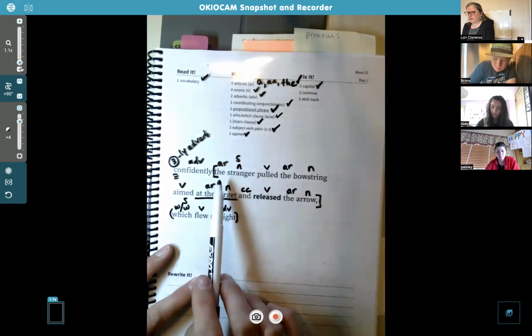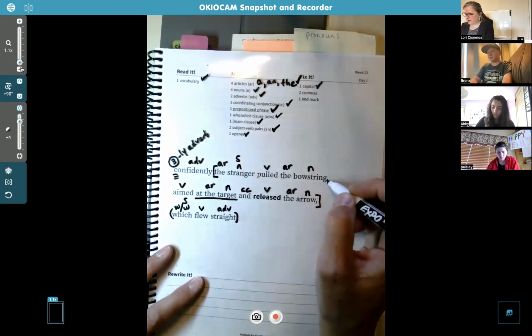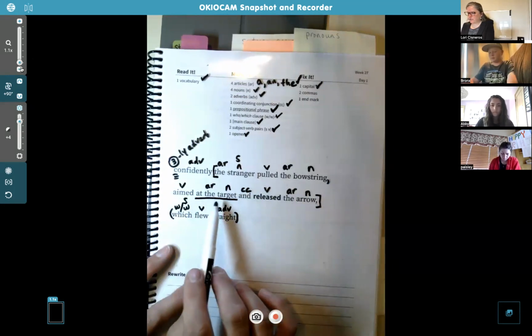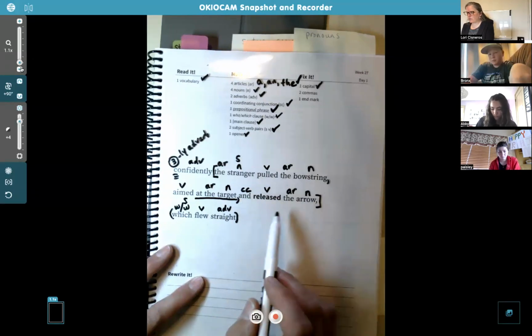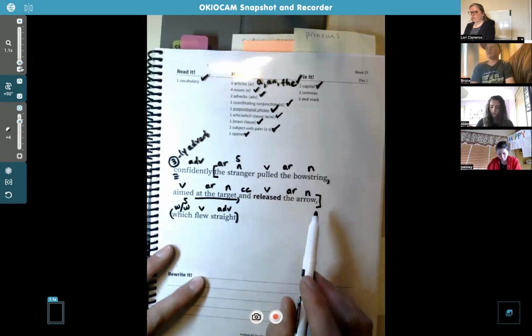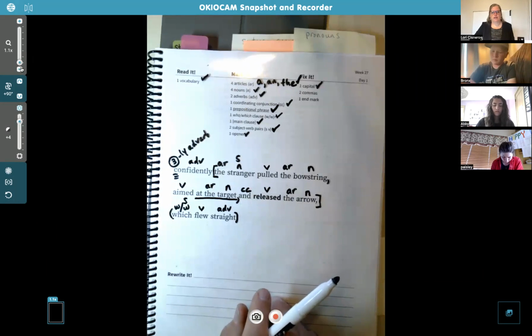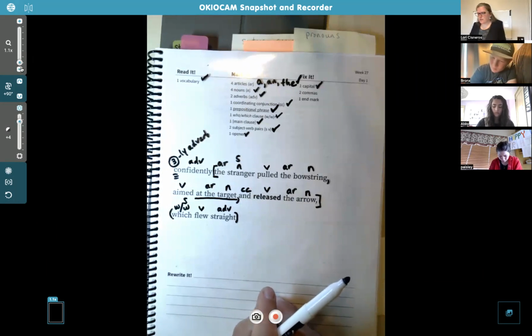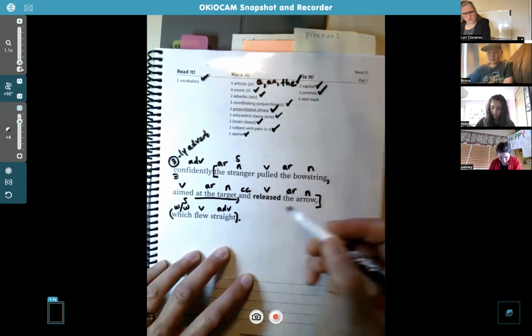So looking at what he does, the stranger pulled the bowstring, yeah, so we need a comma there. Aimed at the target, comma, and released the arrow, which flew straight. There's already a comma there. But you're right, right before "and," so we're listing those 3 things, and that's where you have to put in the commas. So good. And then the end mark is just a period.